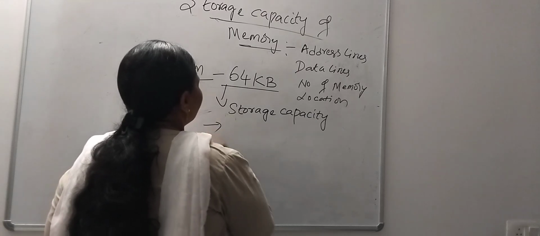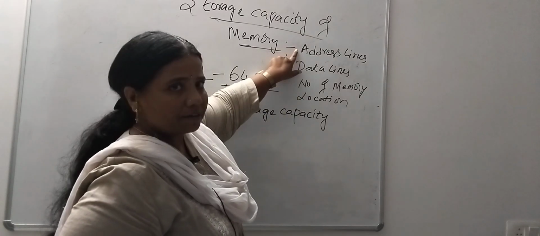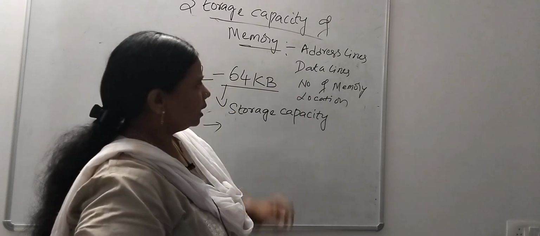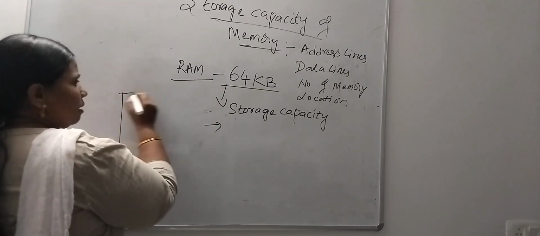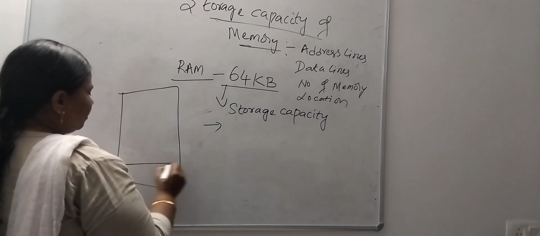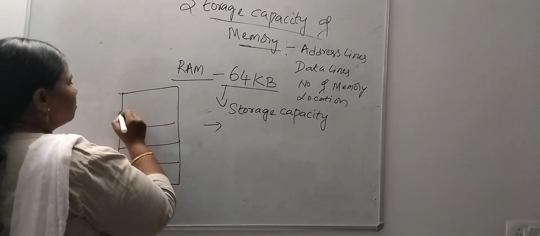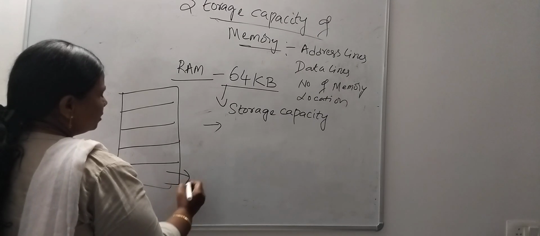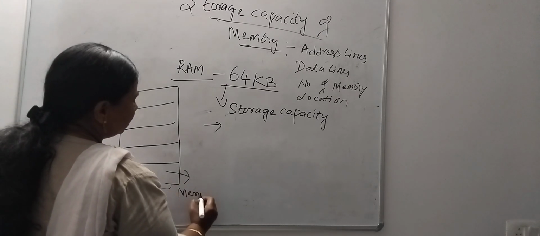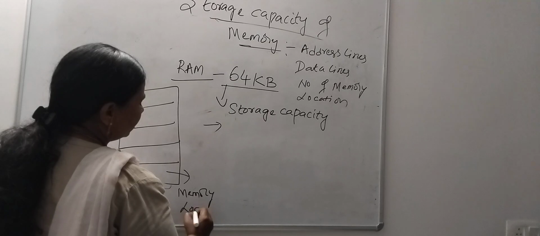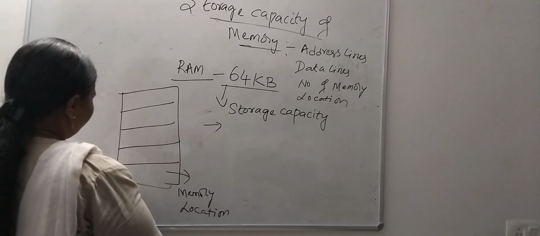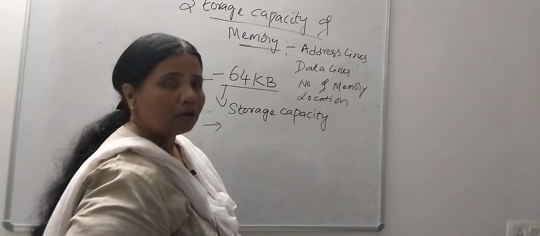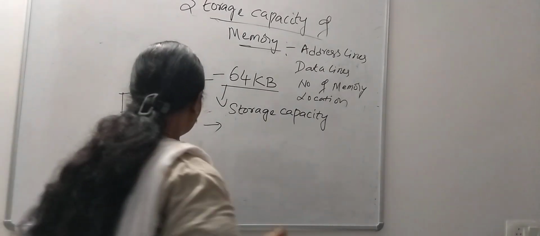From the storage capacity, I told you, you can find address lines, data lines and the number of memory locations. Already in the last video, I discussed that whenever you take a memory, inside your memory you are going to have subblocks. Each subblock is called a memory location, and in this memory location your CPU or input output devices can put data or take data.